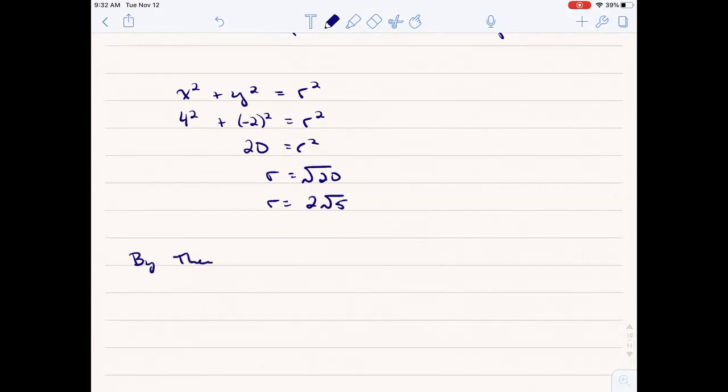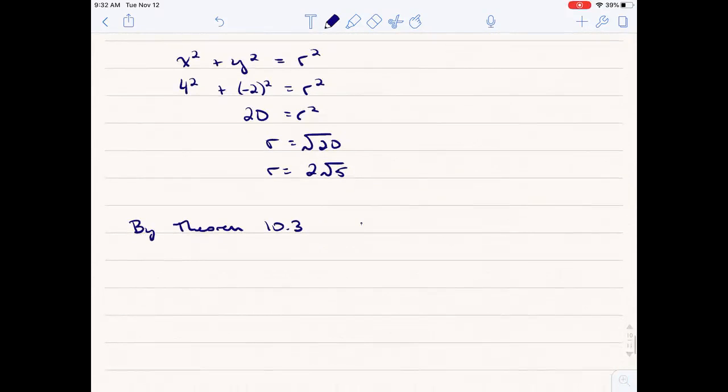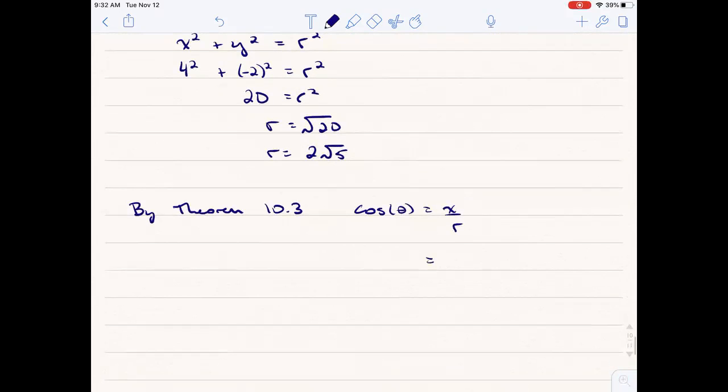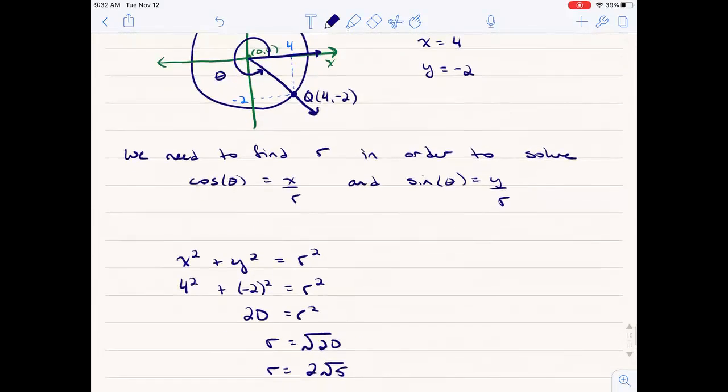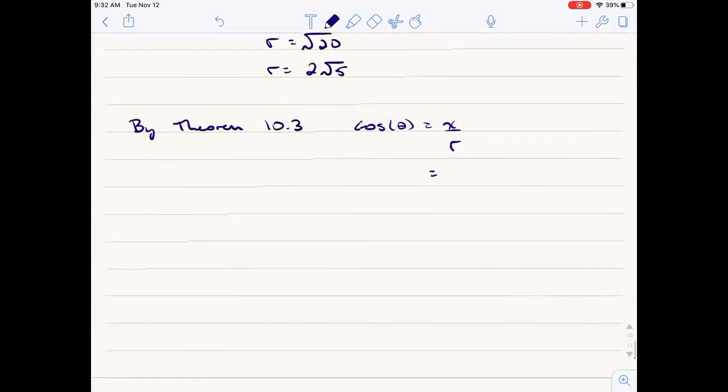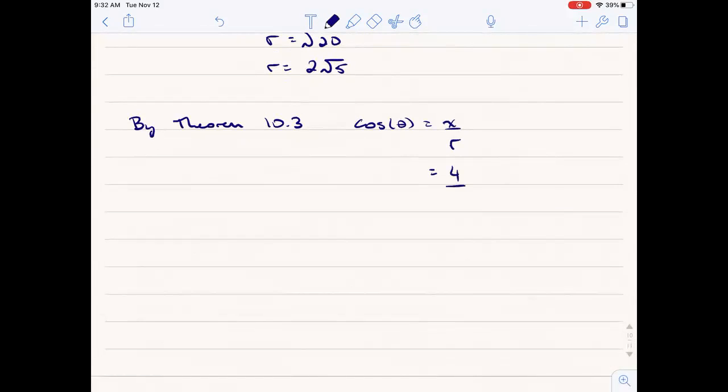By theorem 10.3, we know that cos theta is x over r, x being 4 and r being 2√5.